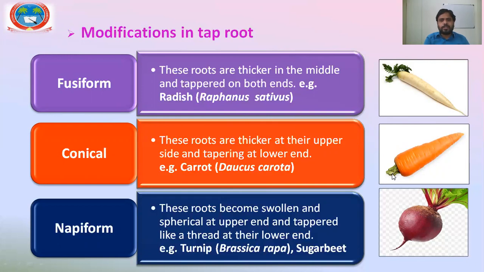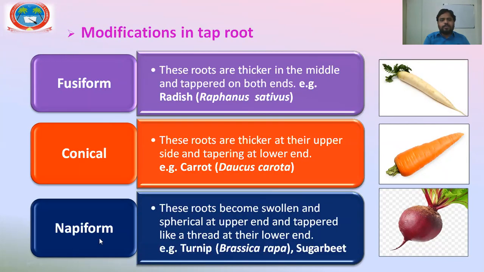This form of the root is called the conical form. The best example is carrot, Daucus carota, that is the botanical name of the carrot.